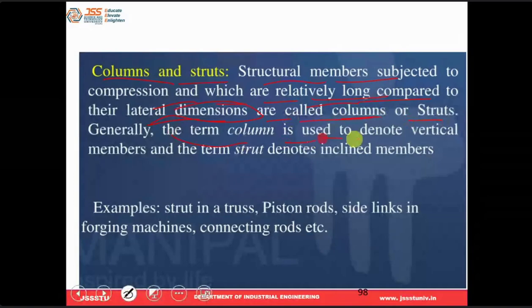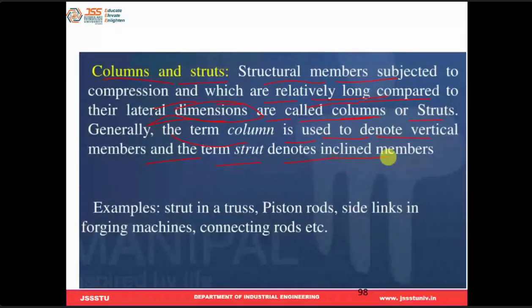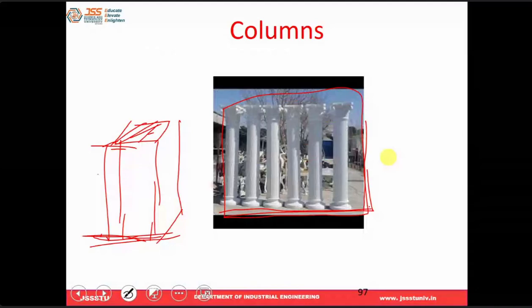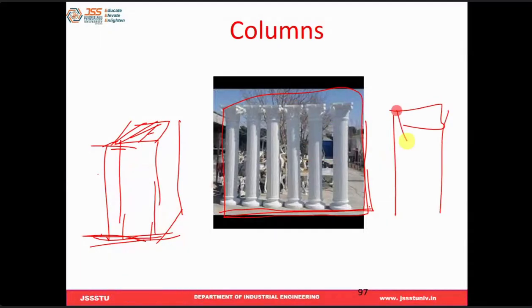Generally, the term column denotes the vertical member and strut denotes the inclined member. Columns are always placed vertically, whereas struts are mostly placed in an inclined manner, or may be vertical also, but for columns vertical is always preferred.